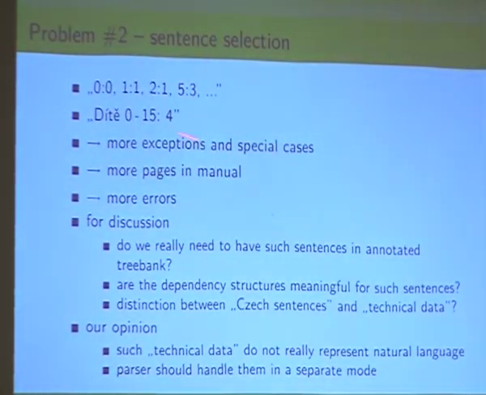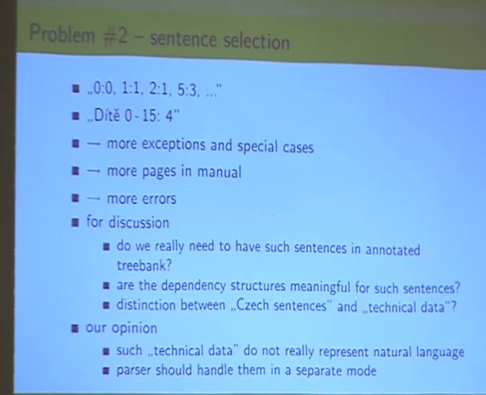Furthermore, it leads to more exceptions and special cases, because you have to decide and describe how to annotate such constructions, and this leads to more pages in manuals and more errors in the treebank.